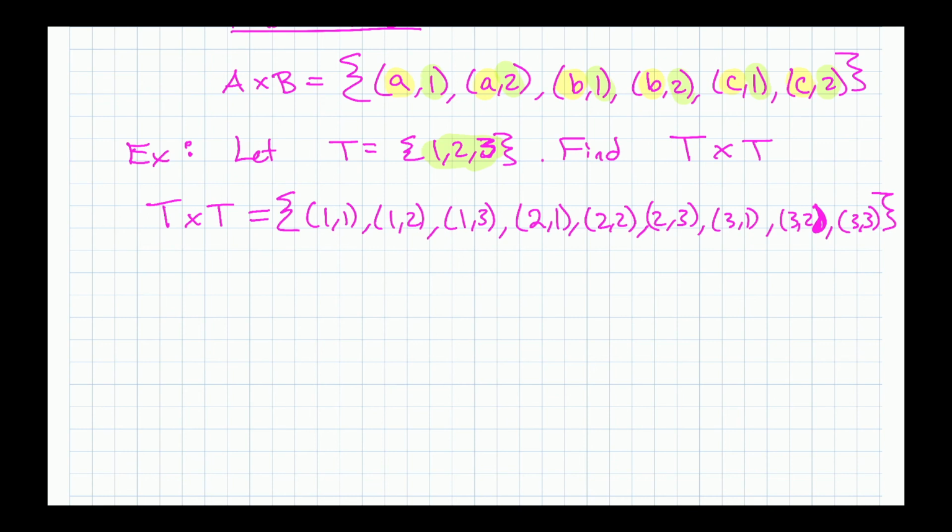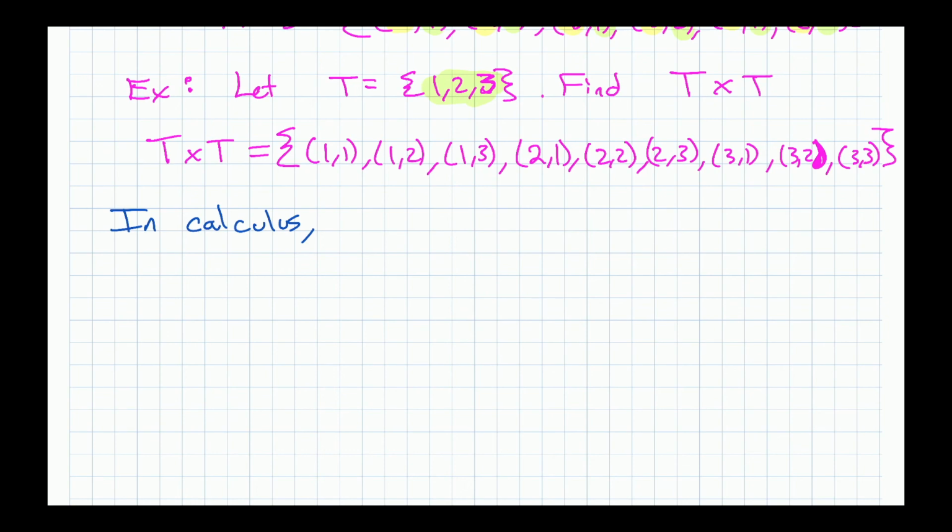It's called Cartesian because you can have the xy plane, like in calculus or algebra. In calculus, we know what the real numbers are, right? This is the set of real numbers, of course.